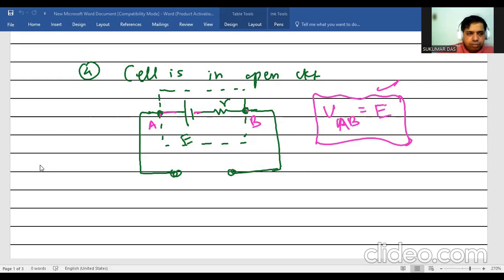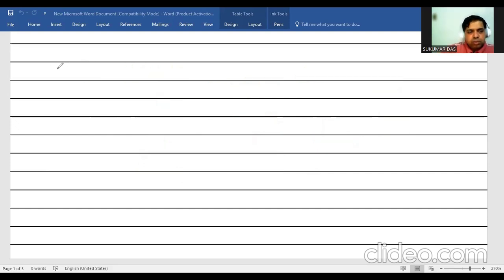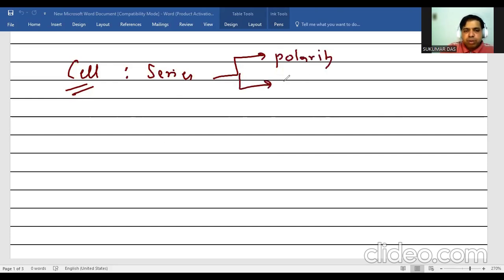So combination of cells. When cells are in series combination, here also they may be in the same polarity or they may be in opposite polarity. That we have to look into.